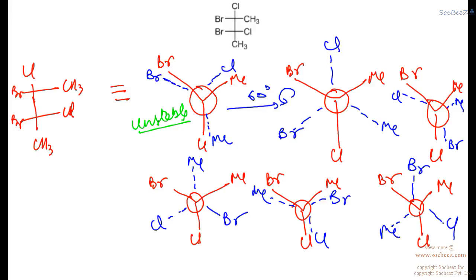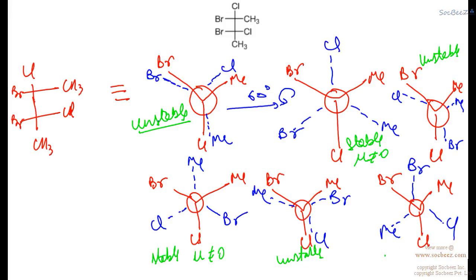So the only conformers which are stable are, this is stable and it has mu not equal to 0, that is dipole moment not equal to 0. This is unstable. This is stable with mu not equal to 0.